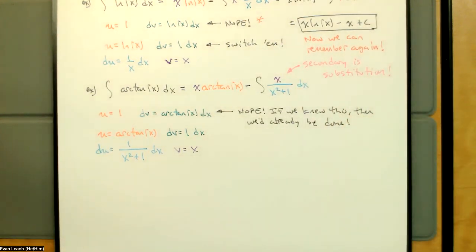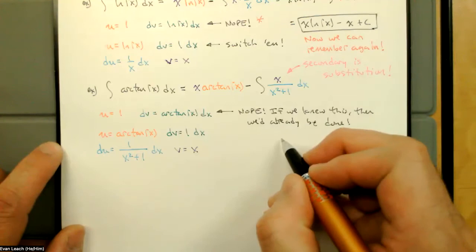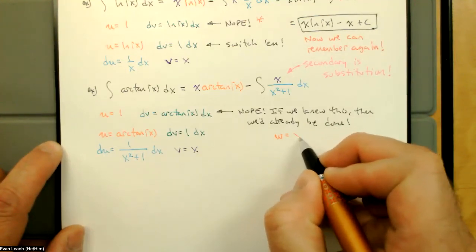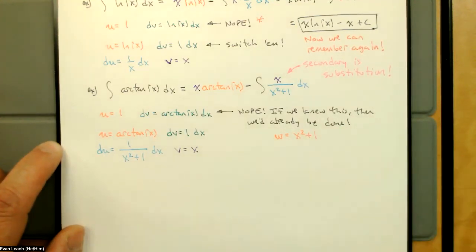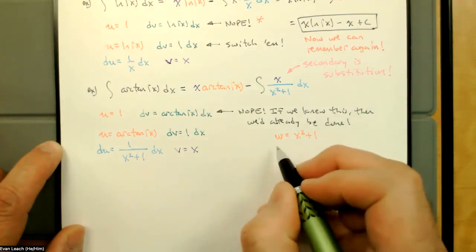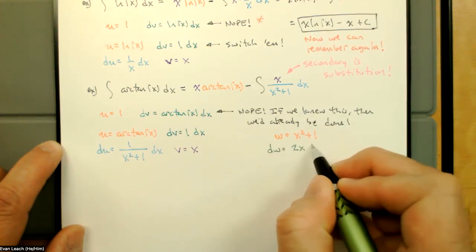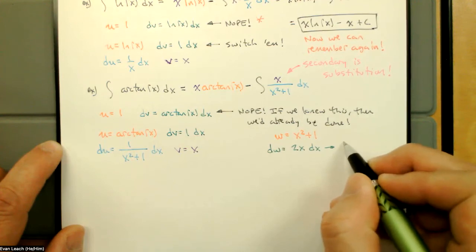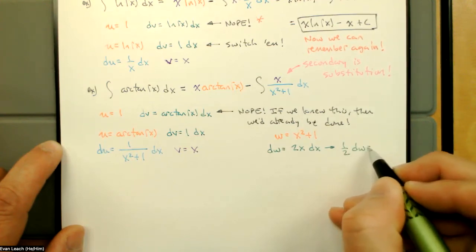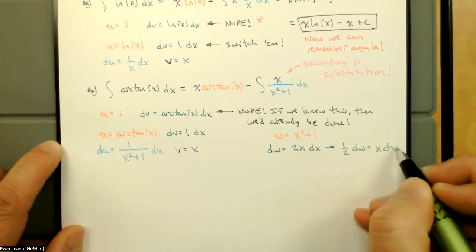So in this case, our secondary integral is substitution. w is going to be the x squared plus 1. So dw is 2x dx. So 1/2 dw is x dx.